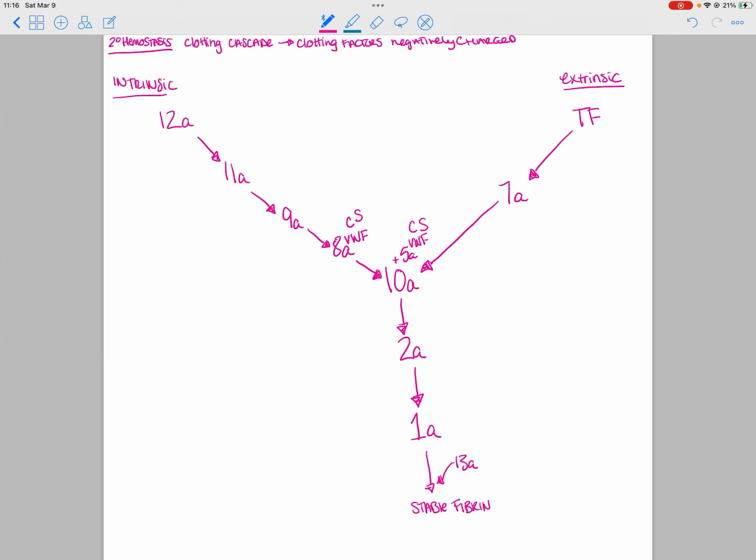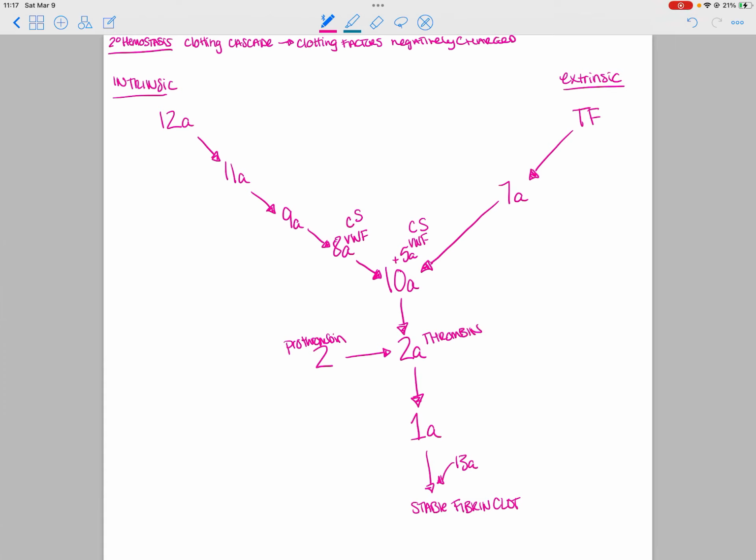fibrin clot. Now, although I, again, did not want to overcomplicate things by drawing the inactive form and the active form, the only two places where I think that this is really important to know the inactive form versus the active form of the clotting factor is here with factor 2A, because factor 2 is called prothrombin, and factor 2A is called thrombin.